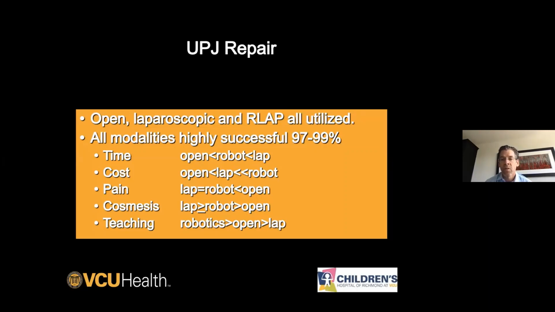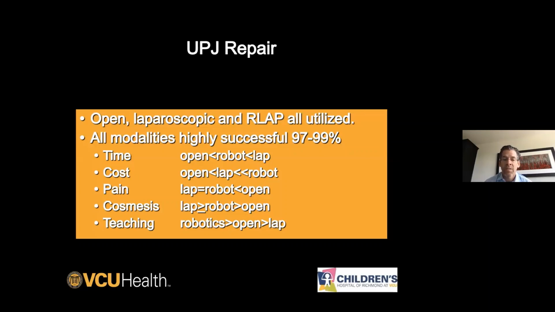So there's no question that it's quicker and it costs less to do an open pyeloplasty. But in terms of time, robot is better than lap, which most of us would understand, and lap is less costly than robot. With respect to pain, I think lap and robot do offer an advantage. Personally, that's probably at age 5 or older.